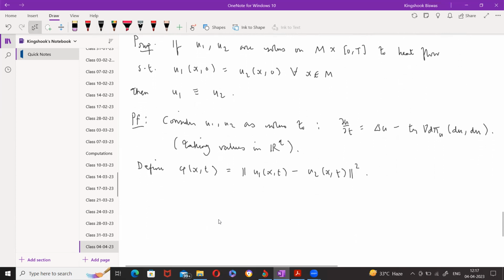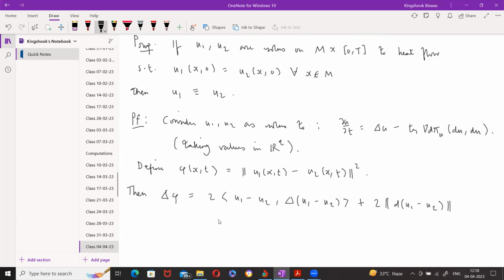So then what we proved earlier is that if I take the norm squared of a vector valued function, if I take the Laplacian of the norm squared, right, this will be twice the inner product of U1 minus U2 with Laplacian of U1 minus U2 plus twice the norm squared of the derivative of U1 minus U2.